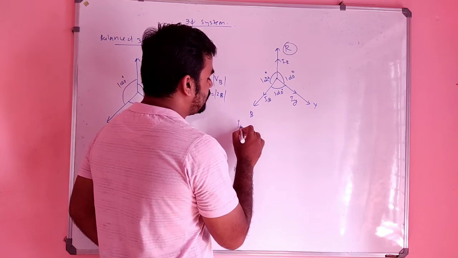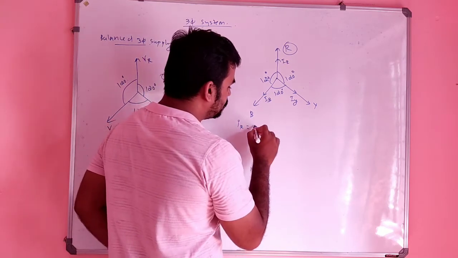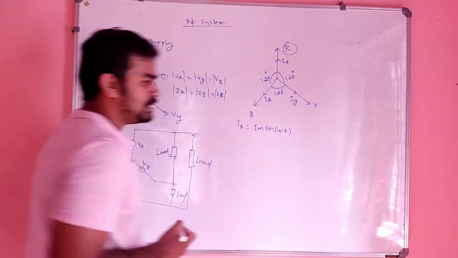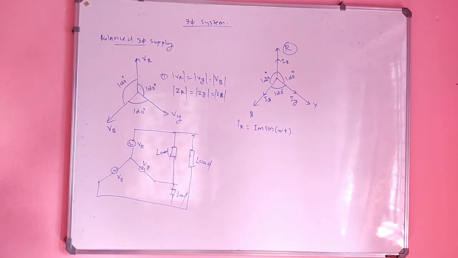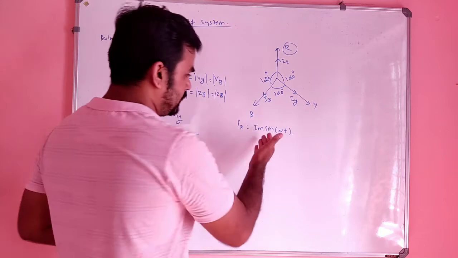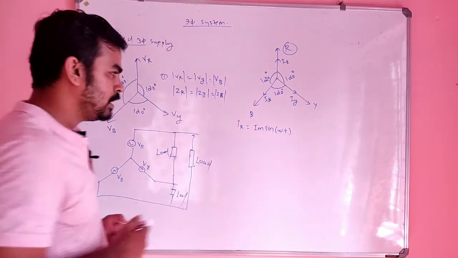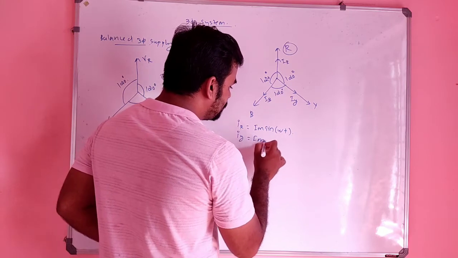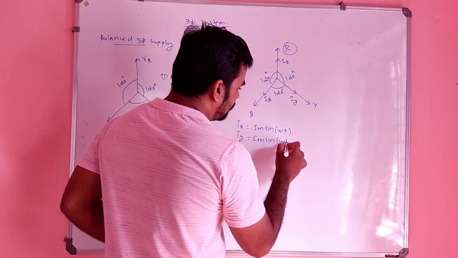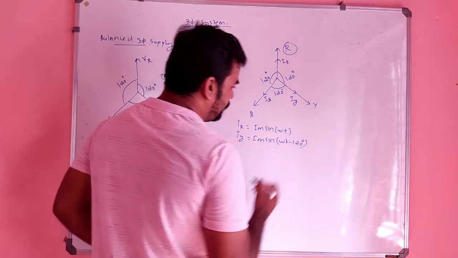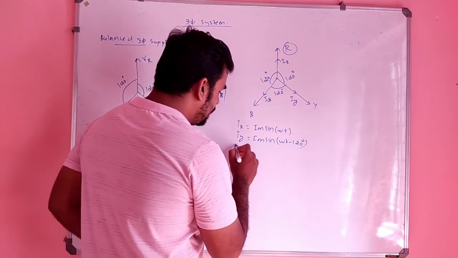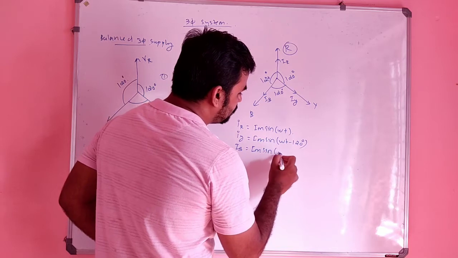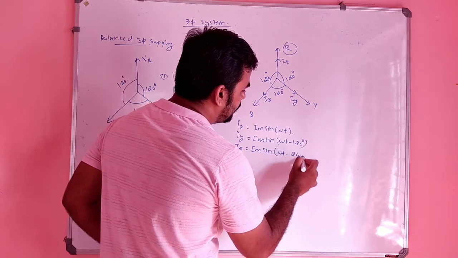Normally we take R as the reference phasor. So I can say that IR will be equal to Im sin omega t, which is nothing but the general equation for a sinusoidal quantity. Then IY will be equal to Im sin(omega t minus 120 degrees), and IB will be equal to Im sin(omega t minus 240 degrees).